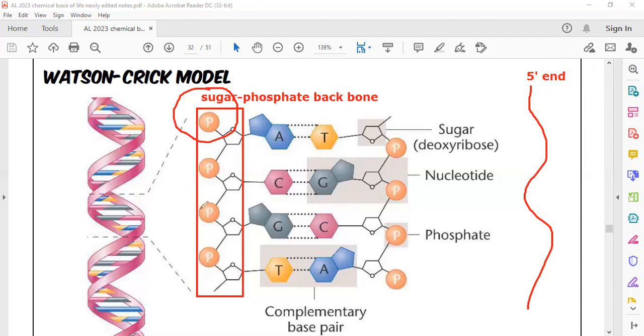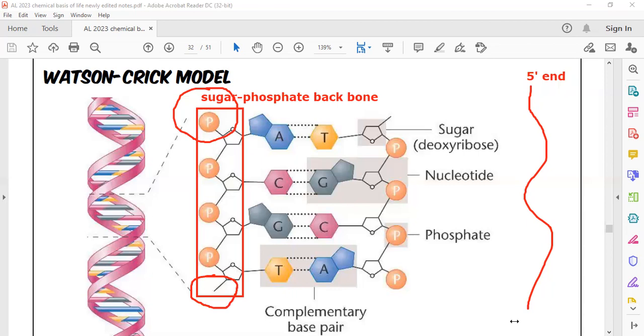Similarly, once you come to the opposite end, in this end, who is there without making a bond? Which carbon? Is it fifth carbon again? It is the third carbon.